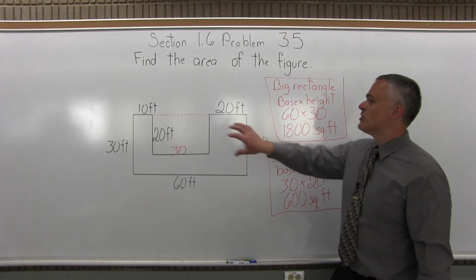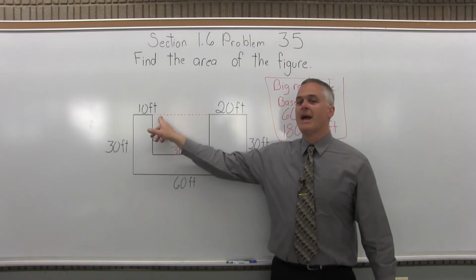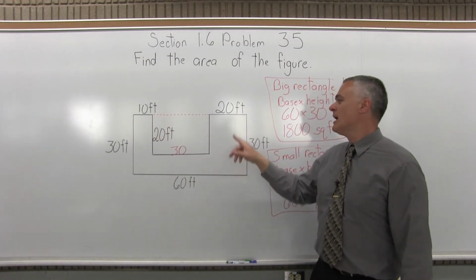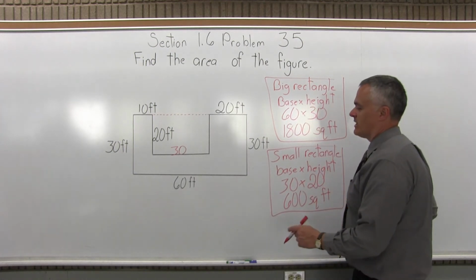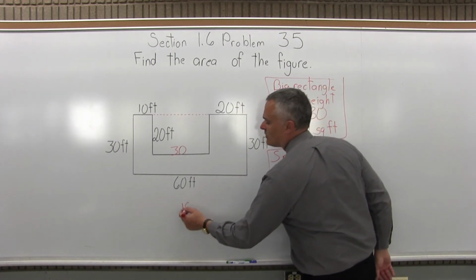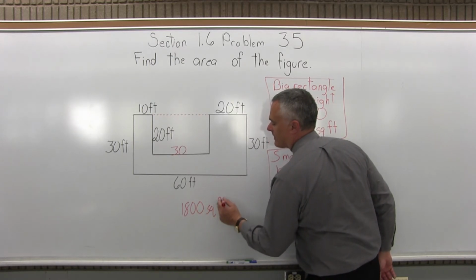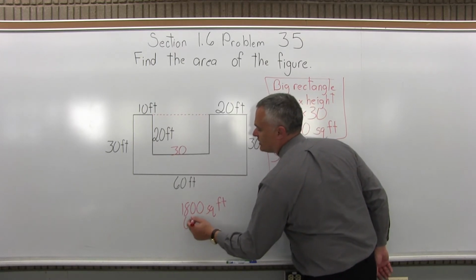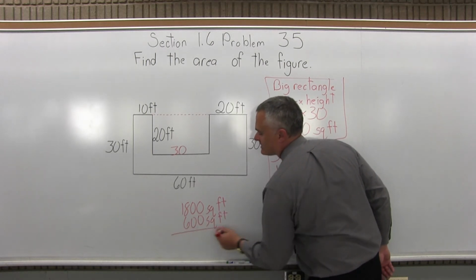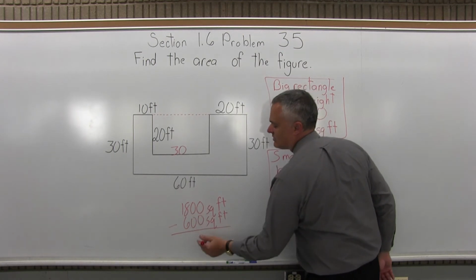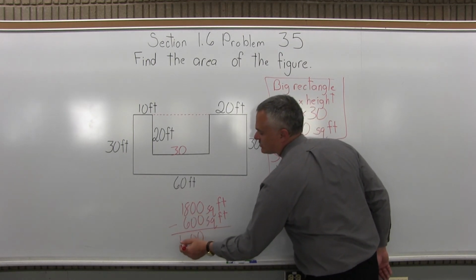And now if I subtract away the area of the small rectangle, which I made by making an imaginary connection across the top, I will have just really what was the original figure if I subtract it away from the big rectangle. So I'll do 1,800 square feet for the big rectangle minus 600 square feet for the small rectangle. That subtraction, you can do the same type of trick. The zeros just line up really nice. It's really 18 minus 6, which is 12.